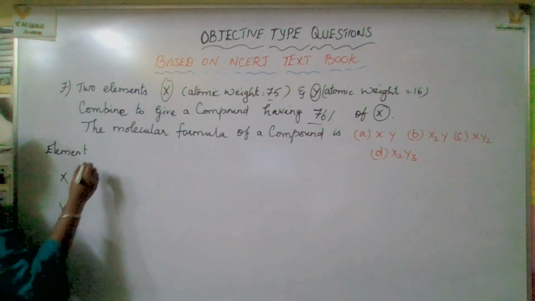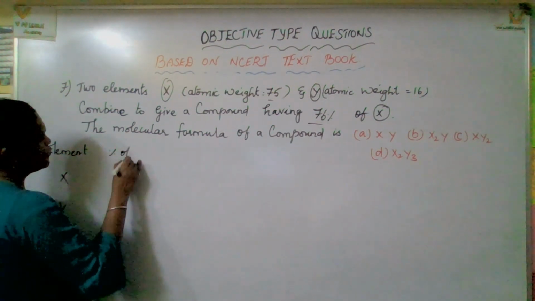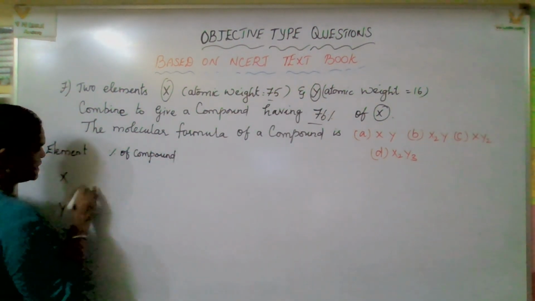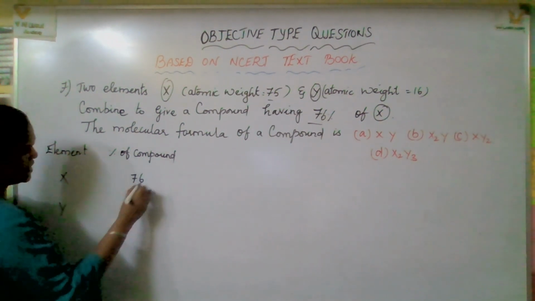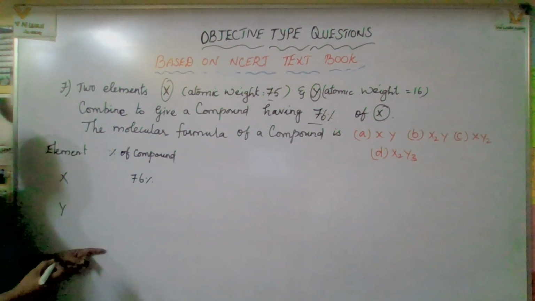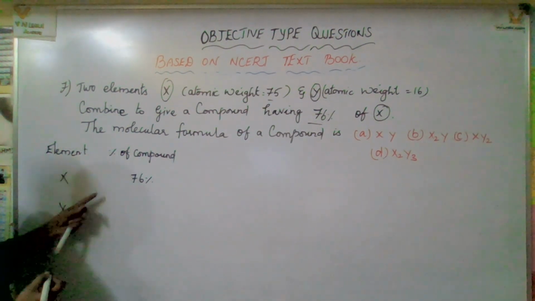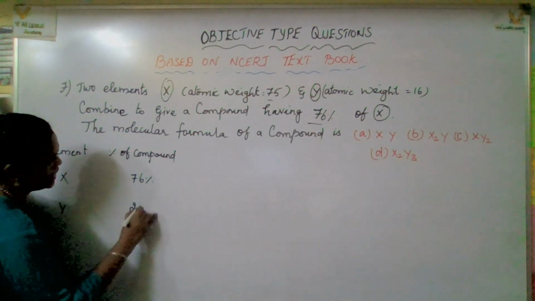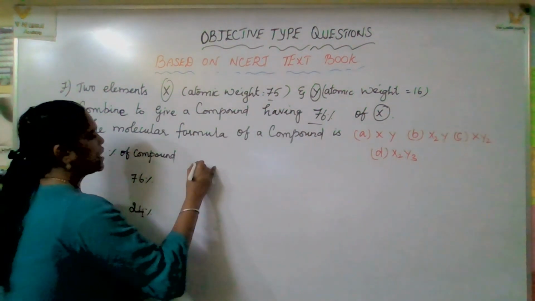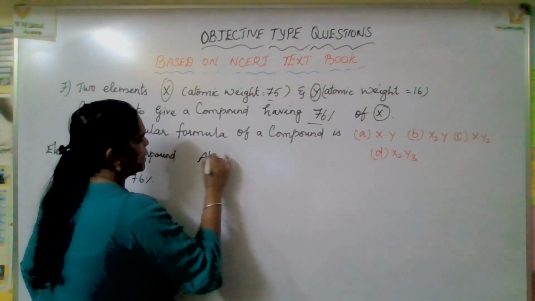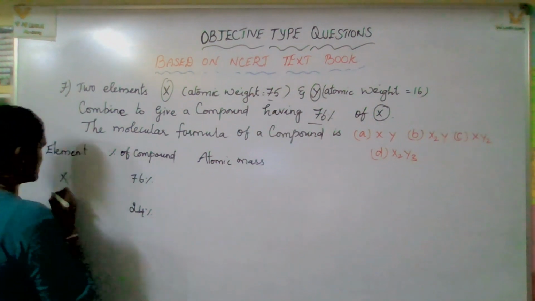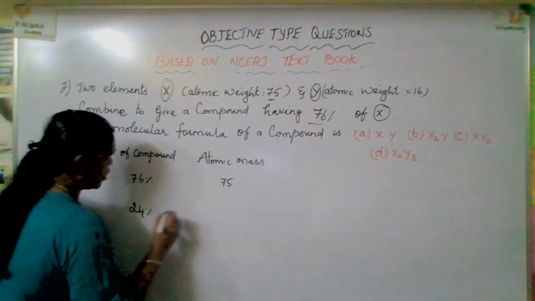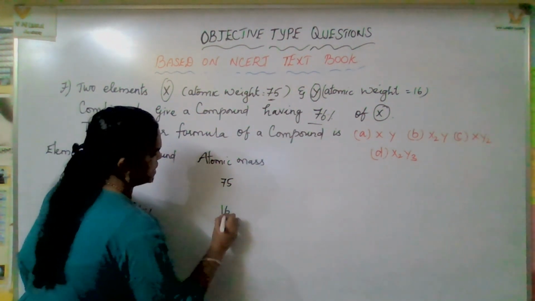What is the percentage of the compound? X is 76 percentage, and for Y they did not mention the remaining percentage. We can identify it: 100 minus 76 is 24 percentage. Now the atomic mass of X is 75, and the atomic mass of Y is 16.